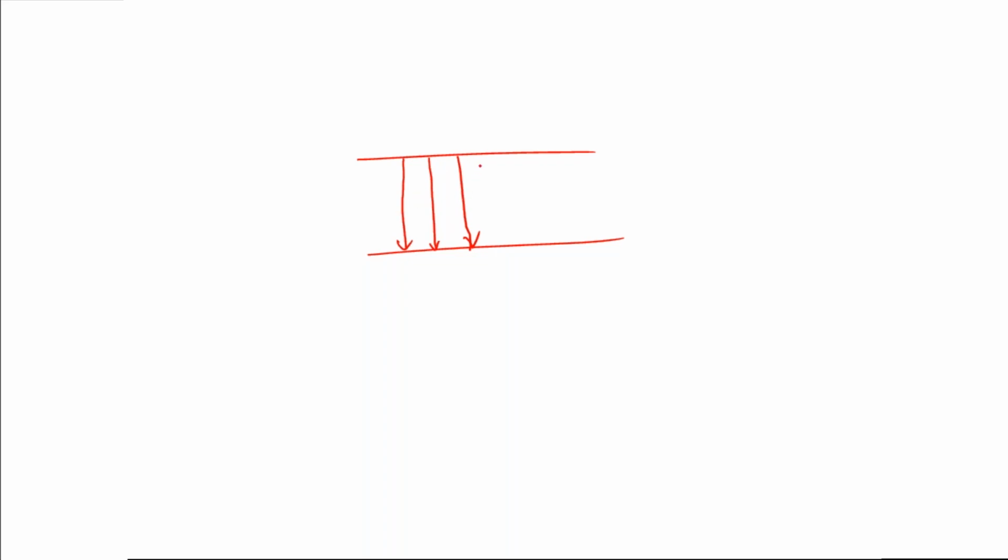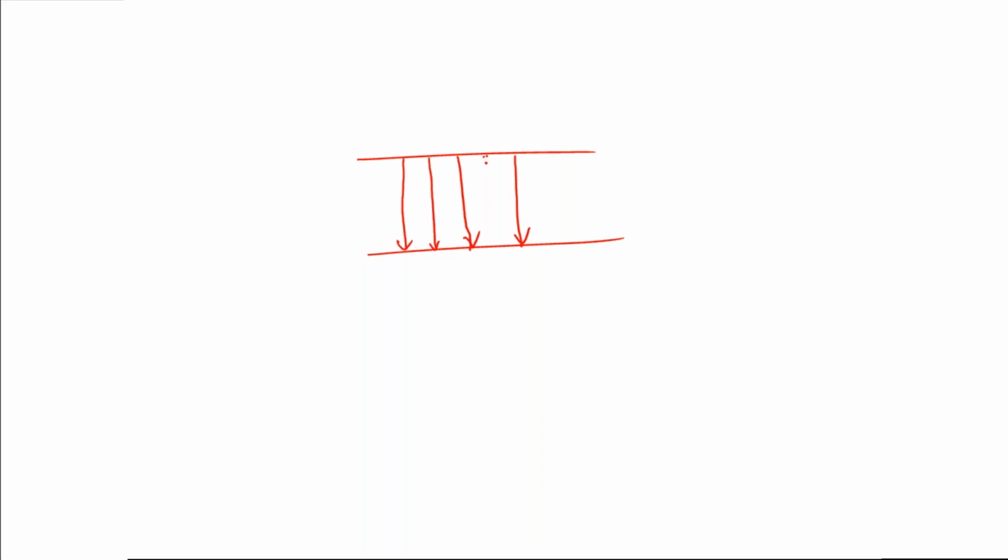So that represents the uniform electric field. Equidistant parallel lines represent the uniform electric field, okay.